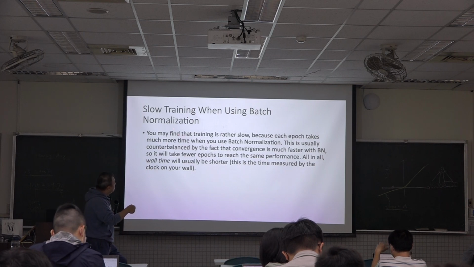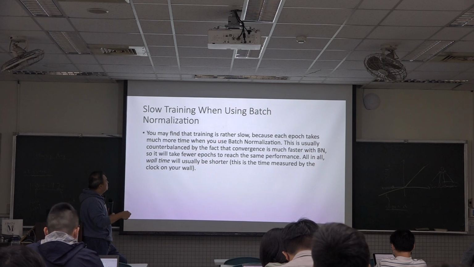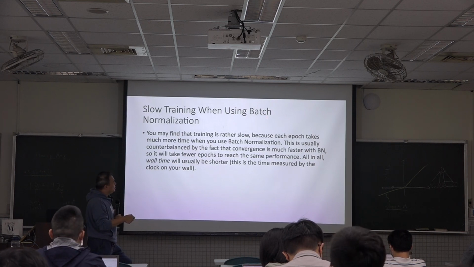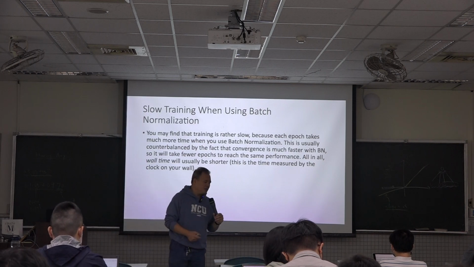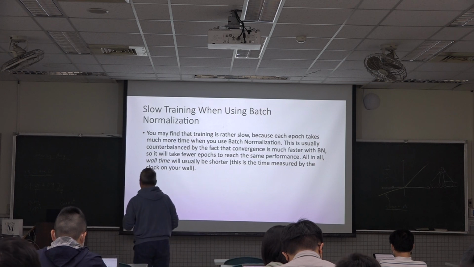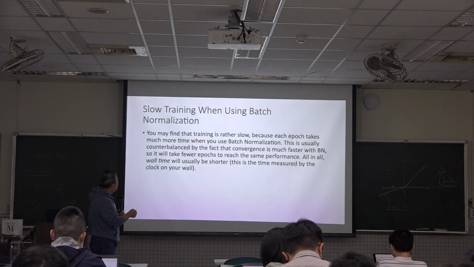Also, if you incorporate BN, you will find the training is slow because each epoch takes much more time when you use batch normalization, because the additional operations cost more time to process. But this is usually counterbalanced by the fact that convergence is much faster with BN.